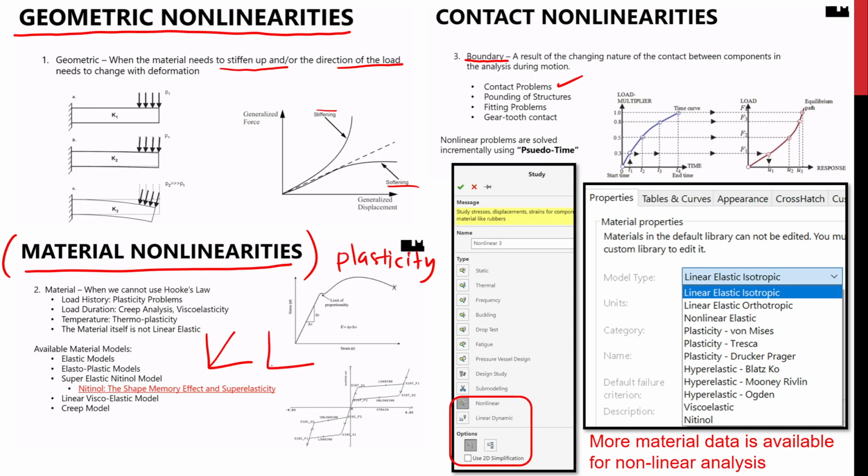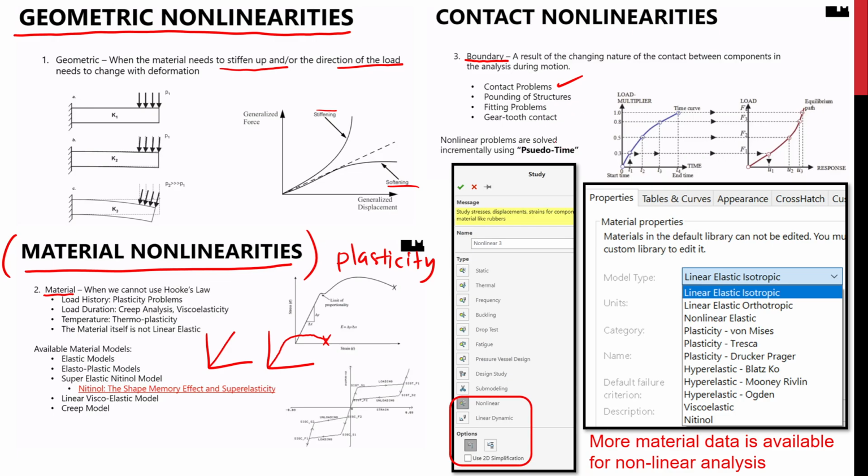It's a straight line in the beginning, and then it flattens out, and then it fails. So for material non-linearity, you can apply things such as plasticity. Next is contact non-linearities. When you apply contact problems, you will see much more non-linearity in the response itself.